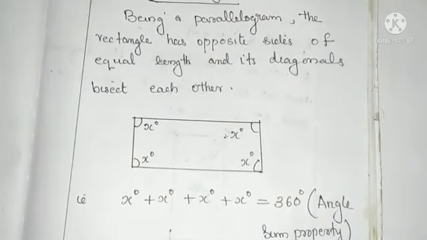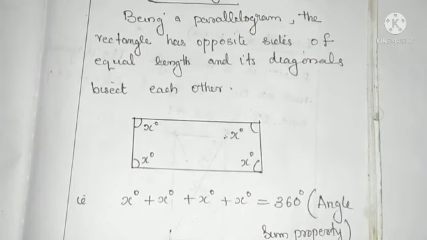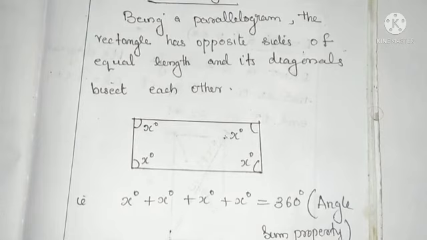We are going to prove that the angles in a rectangle are 90 degrees, or that the rectangle is a parallelogram with equal angles. By the theorem, we know the rectangle, because it is a parallelogram, has opposite sides of equal length and its diagonals bisect each other.